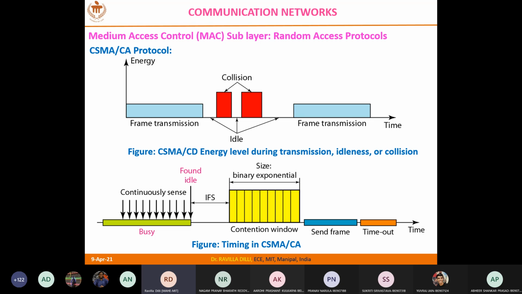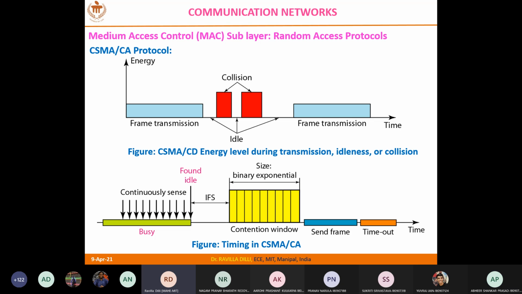Okay, so how it works, you see here, you are continuously sensing the channel. It's a CSMA. So what CSMA, can someone answer this? What is the persistent strategy I am using here? One persistence. Exactly, it's a one persistent CSMA I am using.